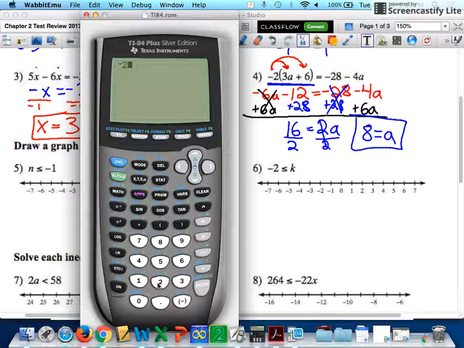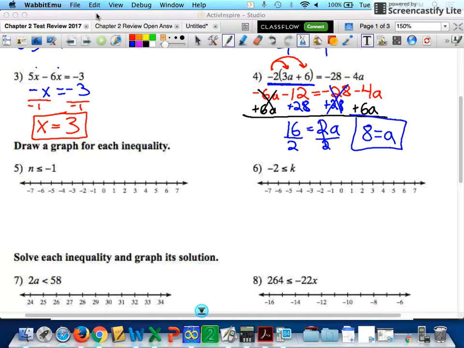So that would be negative 2, open my parentheses, 3 times 8 plus 6, and then we will close our parentheses off and see what it gets. Negative 60. Now we enter in the other side, negative 28 minus 4 times 8. And we're hoping to get negative 60, and we do. So 8 being a is the correct answer. You can check all of these.